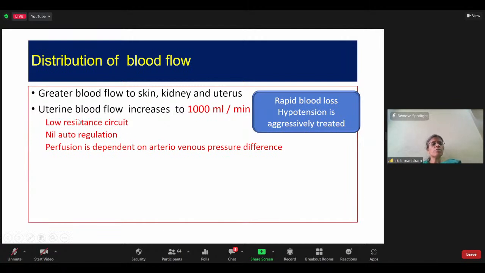So the one point to remember is that your uterine circulation has nil autoregulation. Whenever there is even a 5 to 10% fall in your MAP or your systolic blood pressure prior to the delivery of the baby, it is very important to treat the hypotension vigorously. In addition, the blood supply to the uterus is around 1000 ml per minute.